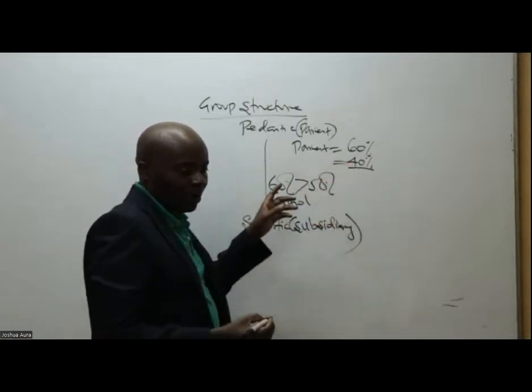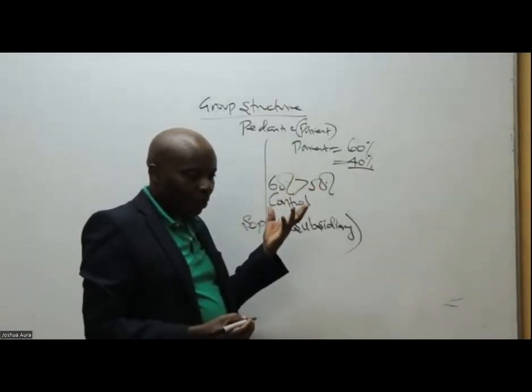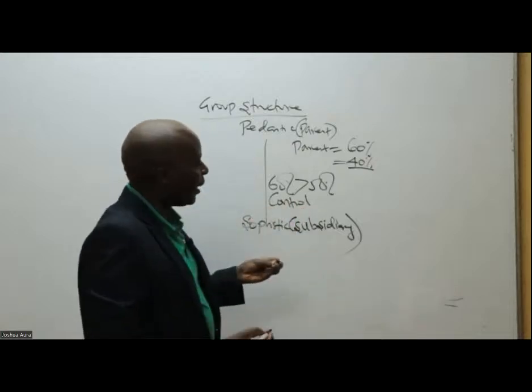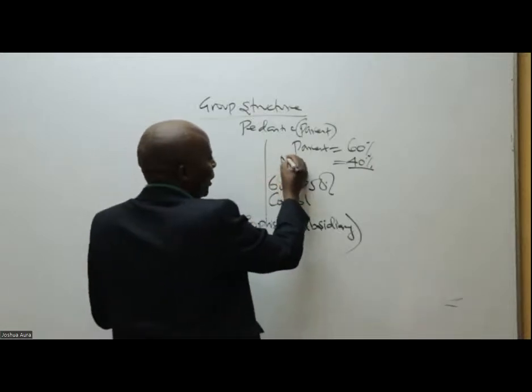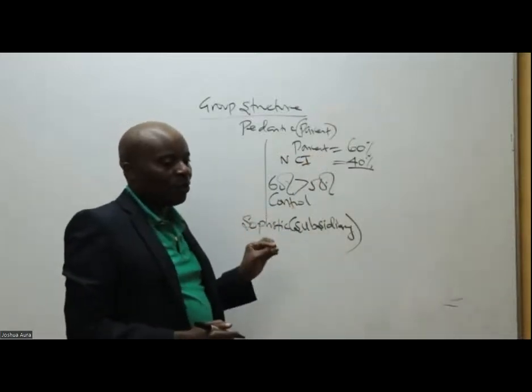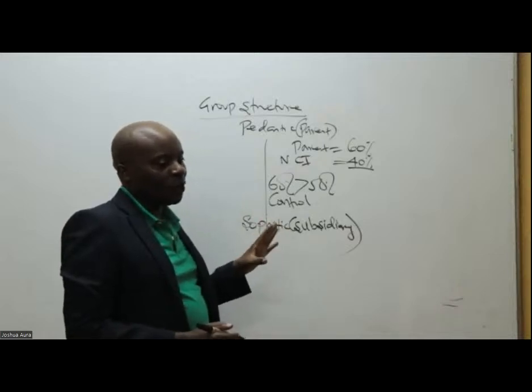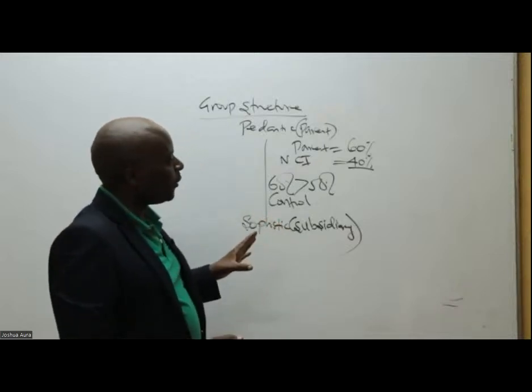Is anybody able to remember that special term, for the party who will not have a say on the board? It's NCI, non-controlling interest. Please write that in full. So the non-controlling interest here has got 40%.